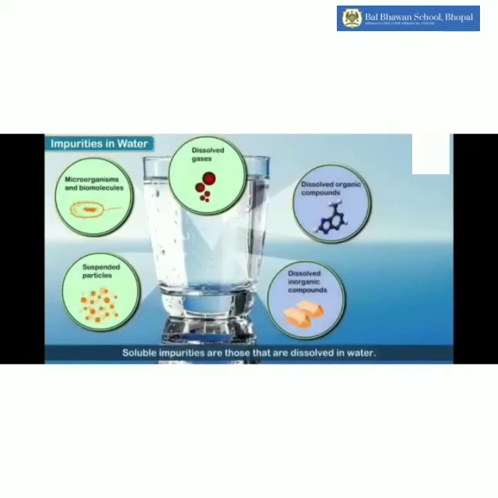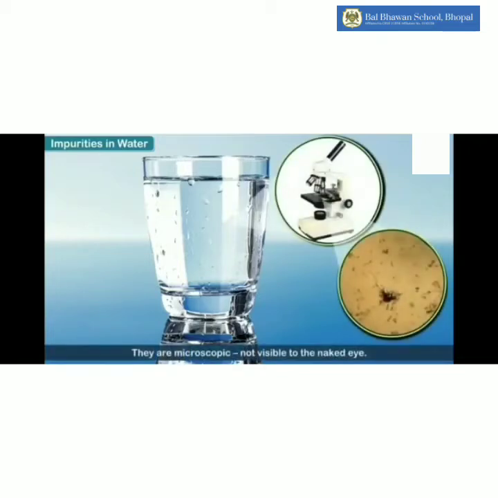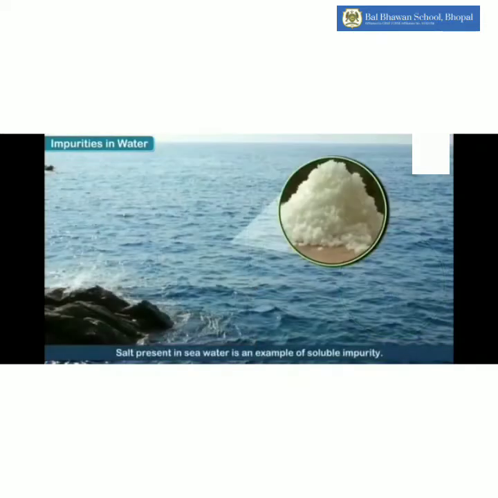Now, impurities in water are of two types. Soluble impurities are the ones that dissolve in water. They are microscopic and not visible to our naked eyes. Salt present in seawater is an example of soluble impurity.